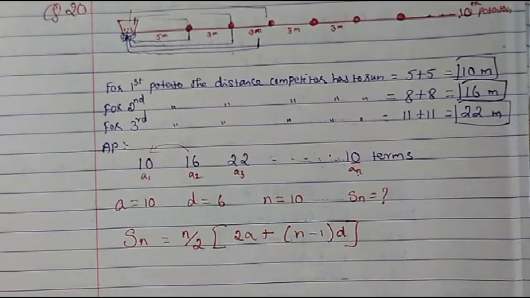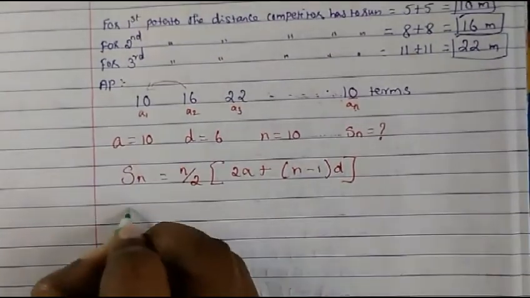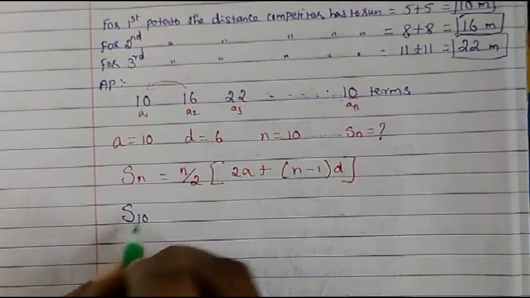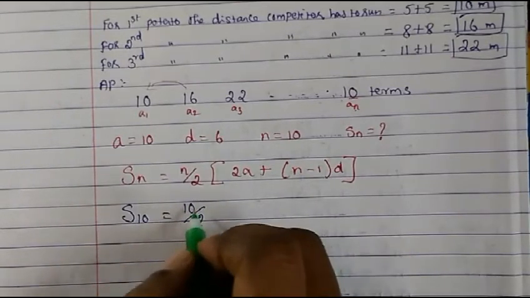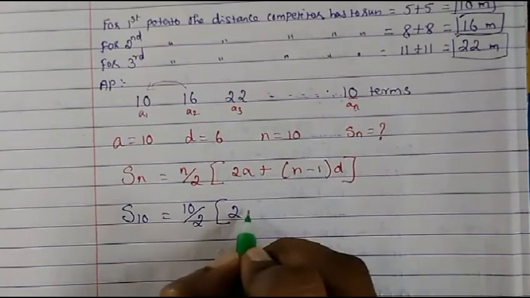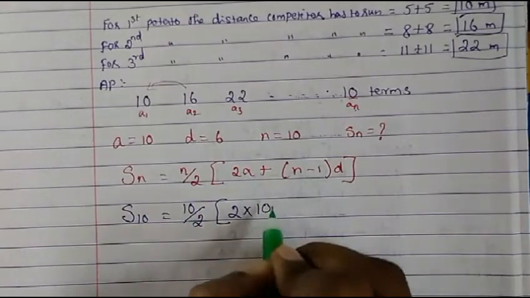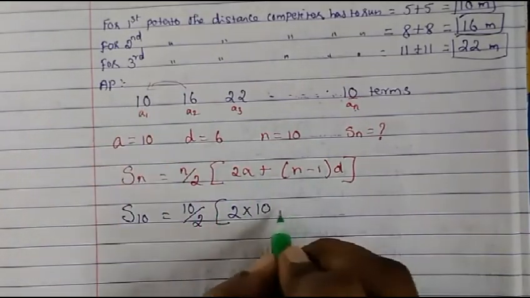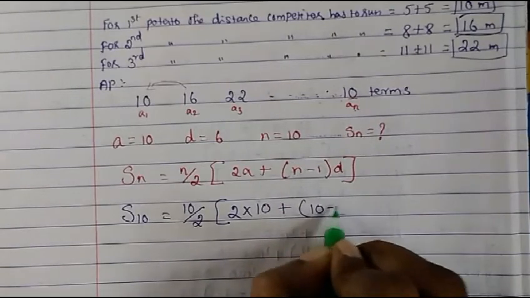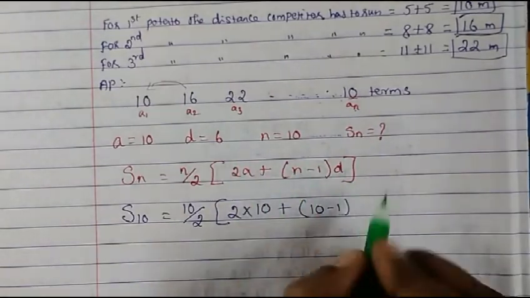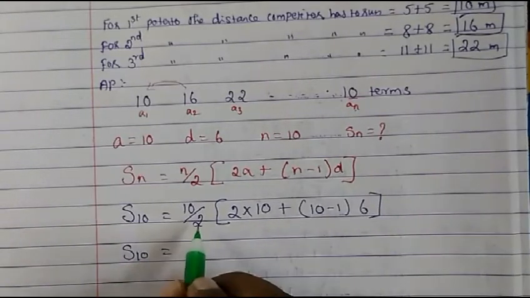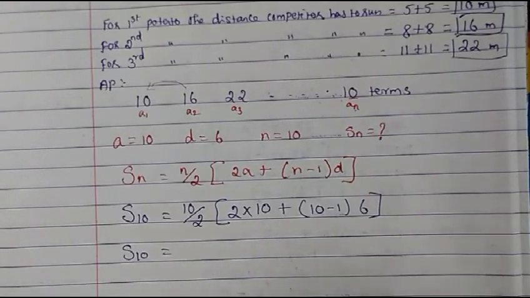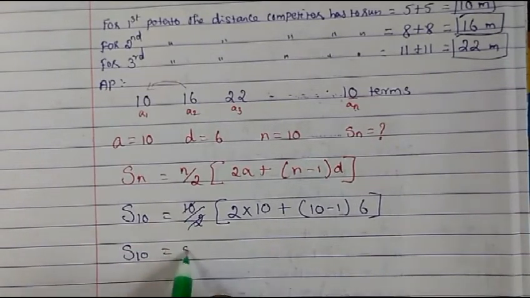So let's put the values in that. As n value we know 10 potatoes, total 10 potatoes. So n is 10 upon 2, times 2 a. The a value is 10, so we have a value 10 plus n also is 10 minus 1, and d we know that is 6. So 10 upon 2 can be divided, 5 times.